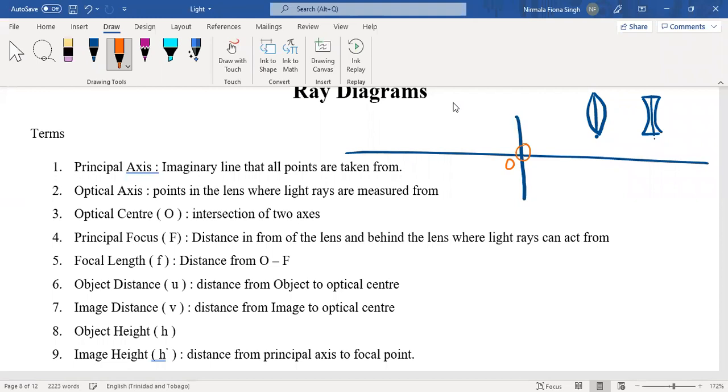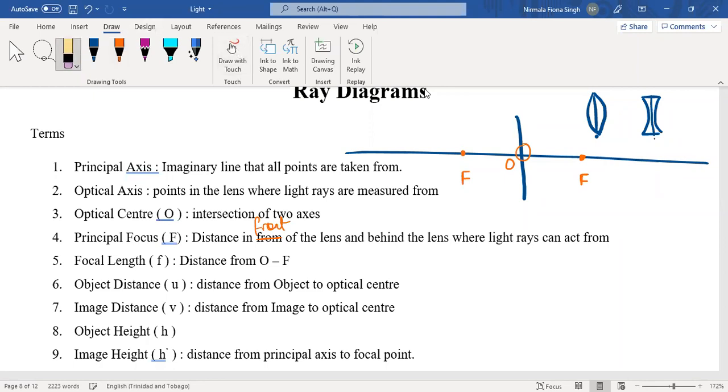Principal focus. This is the distance in front of the lens and behind the lens where the light rays can act from. Principal focus is a point that exists both in front and at the back of the lens. Right? And this is where we take measurements from.